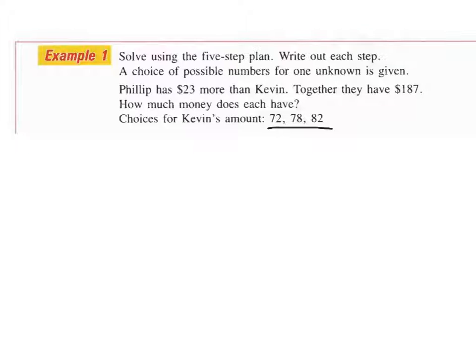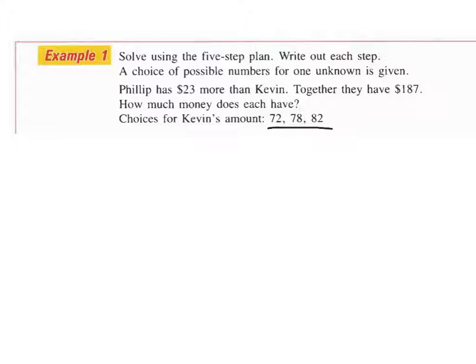So the first thing I'm going to do is read my problem. Step number 1. It says, Philip has $23 more than Kevin. Together, they have $187. How much money does each have?